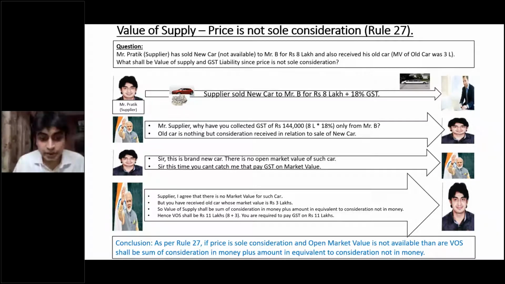That will be your value of supply. So in this question, I will have to charge GST on 11 lakh rupees. Okay, so this was the second point. If the open market value of new asset is not available, then second point, consideration in money plus consideration equivalent to money.